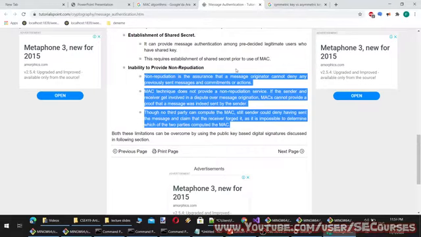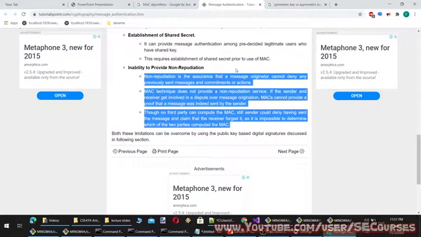Okay, so what is non-repudiation? The problem here is that the receiver can also compute a valid MAC, because both the receiver and the sender have the same key. So the receiver can forge a perfectly valid message and MAC and claim that it was sent by the sender.